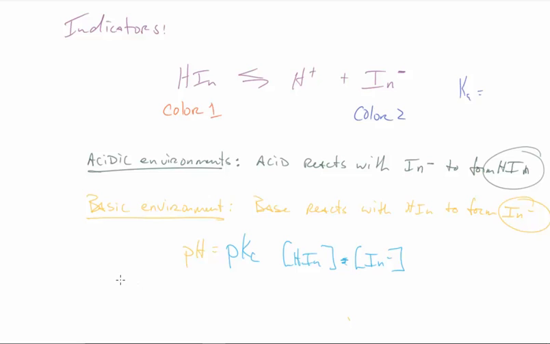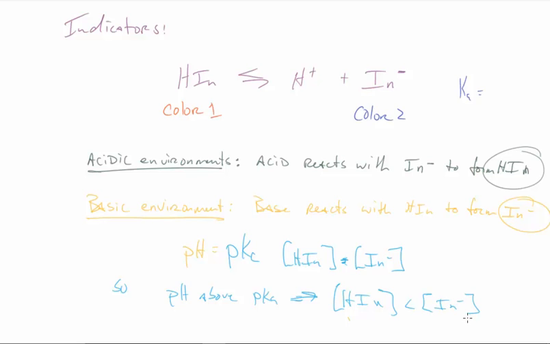And so if I have a pH above pKa, and this is the pKa of my indicator, that means the HIn concentration will be less than the In minus concentration.